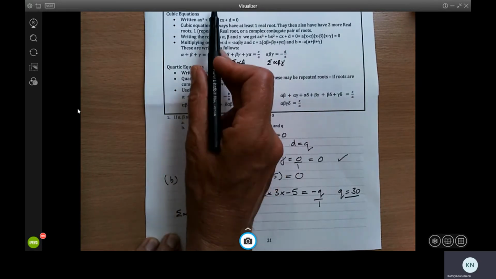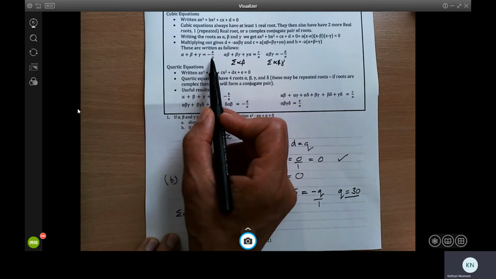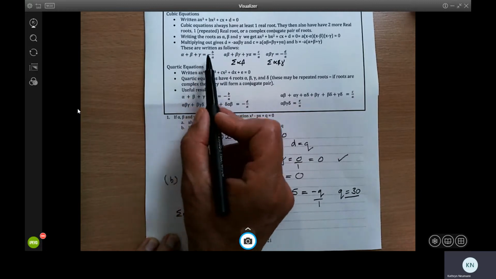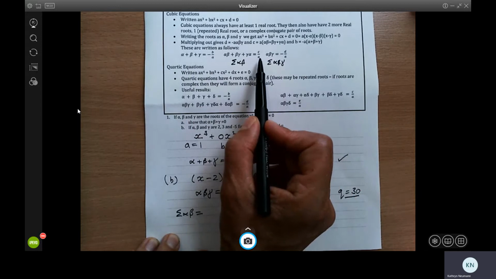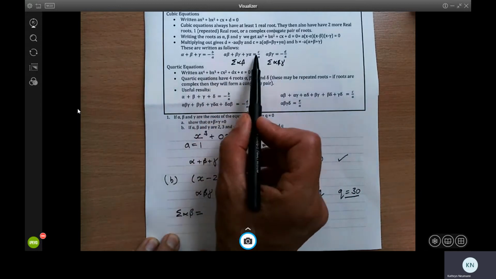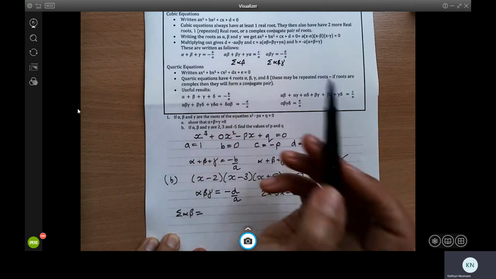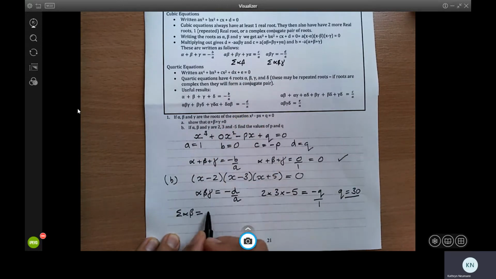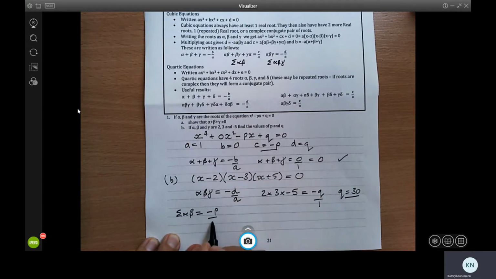That's true for a quadratic, for a cubic, and for a quartic. Then in pairs, it will be c over a. The sign alternates plus, minus, plus down the way. So taken in pairs, it's going to be equal to c over a, which is minus p over 1.